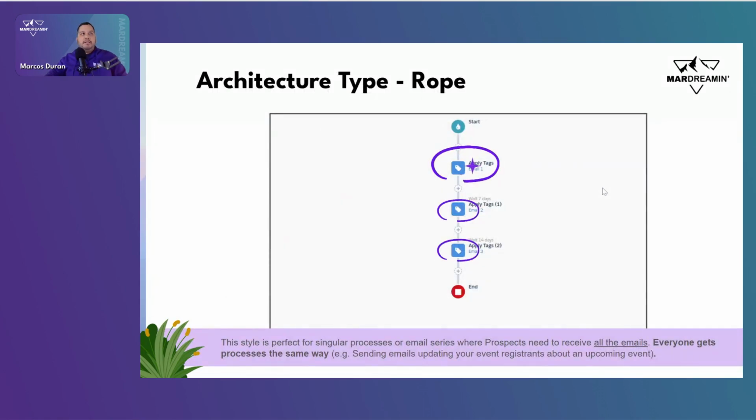All right, architecture type rope. So as you can see here, it is just a straight line. And you will see tags. Just imagine all the tags are emails, because I couldn't build emails in this sandbox. But essentially, it's a straight line. The reason why we would use something like this is we want every single person that goes through this program to touch every single node.